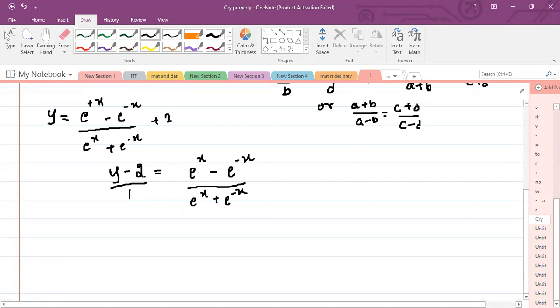Componendo dividendo means addition of numerator with denominator divided by subtraction of denominator from the numerator.